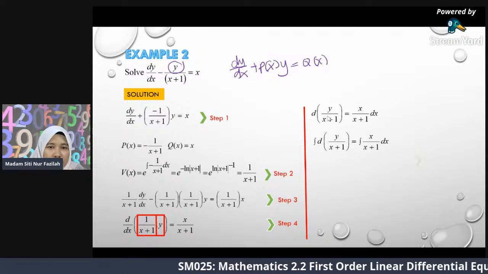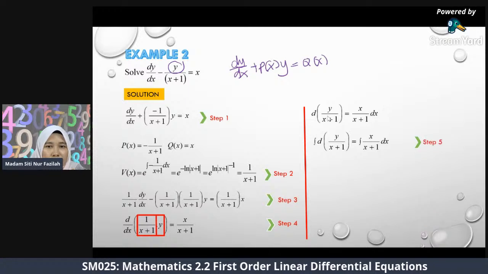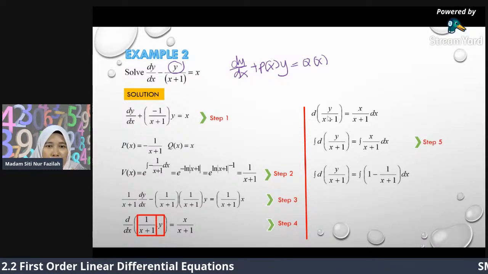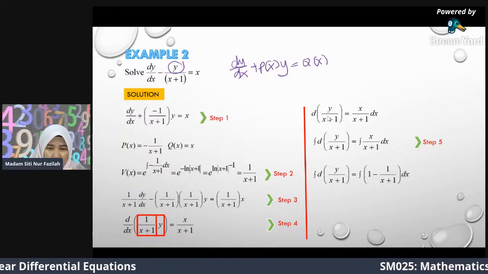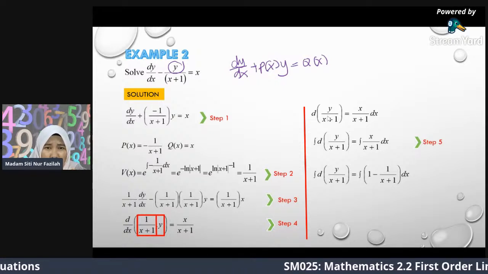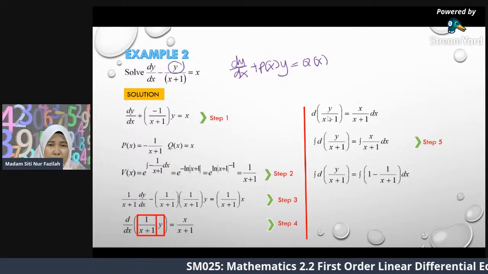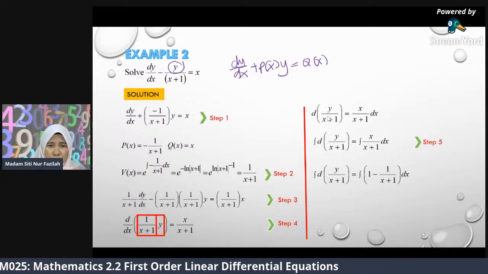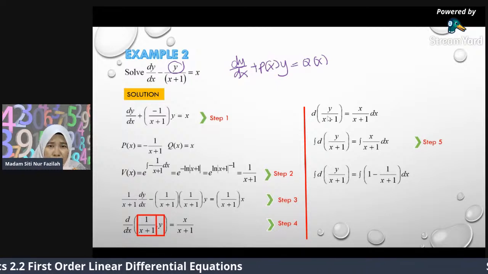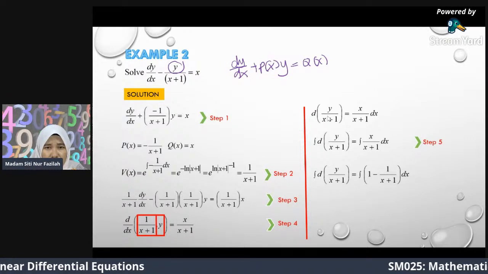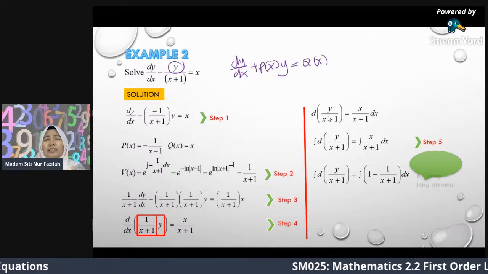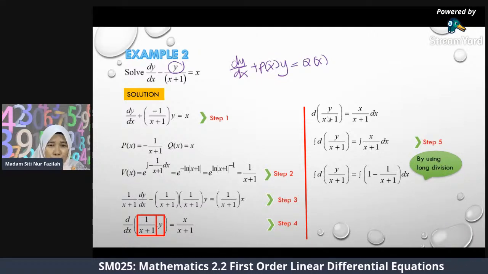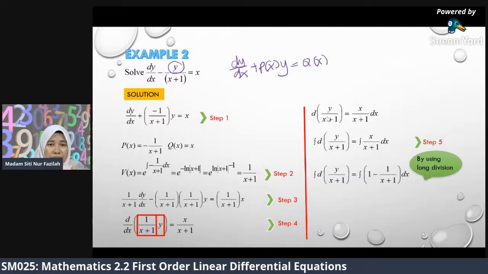This is step 5 and then we need to solve. For the right side, x over x plus 1, we cannot integrate directly, so we might use something else. I use long division to split the factor.